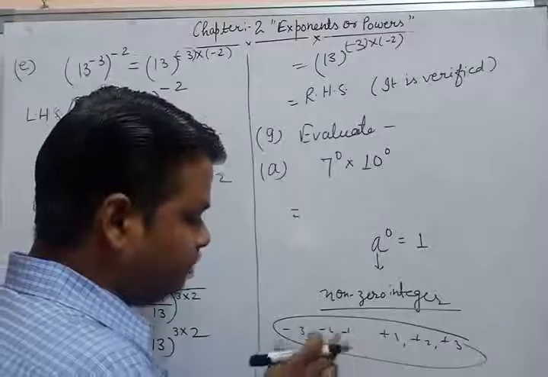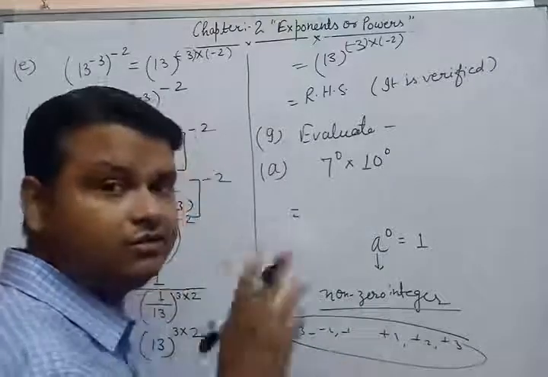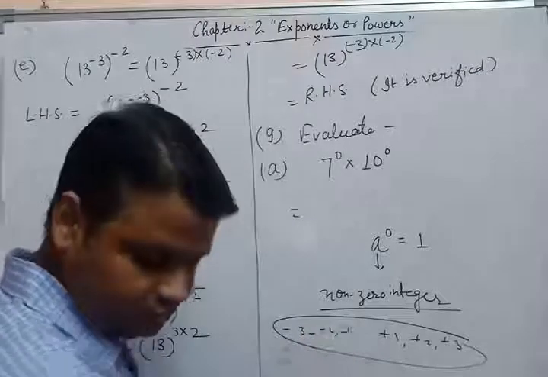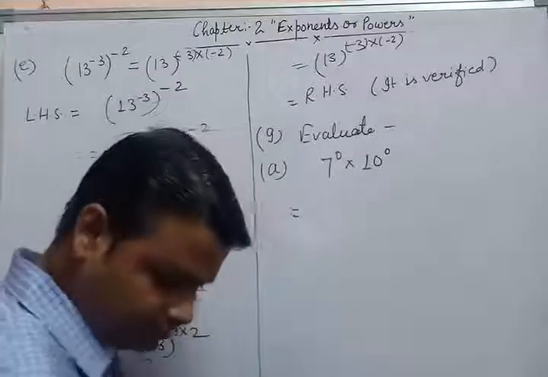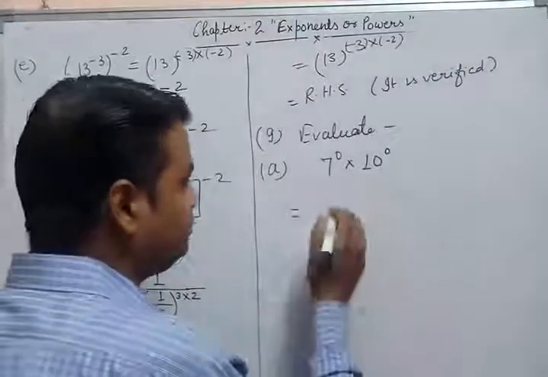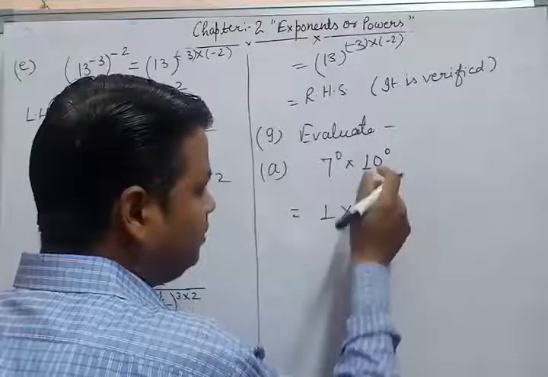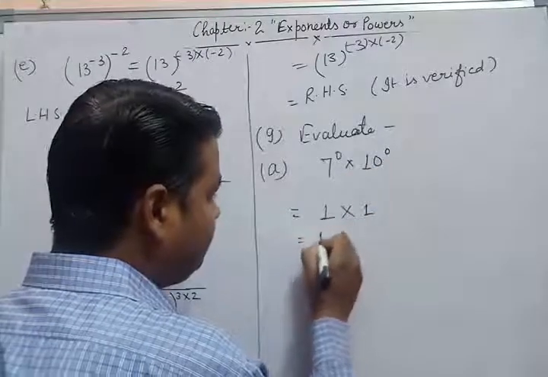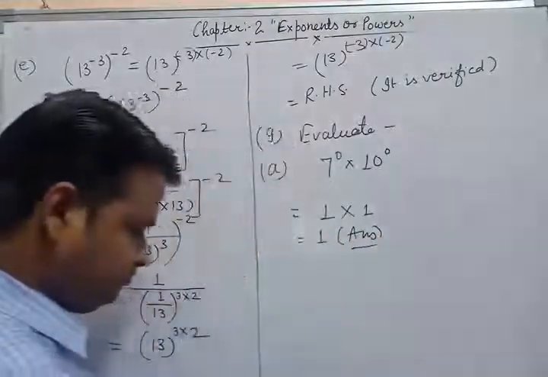So you have to apply this concept here. The value of 7 to the power 0 is 1 and 10 to the power 0 is 1. It means the answer of this question is 1.